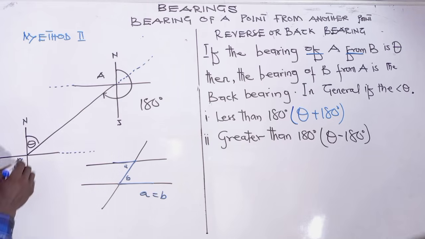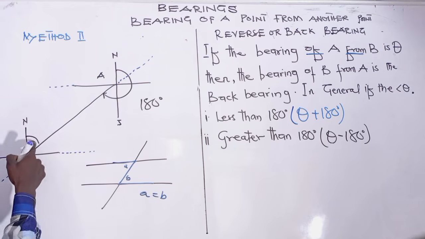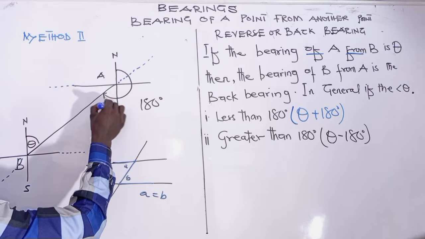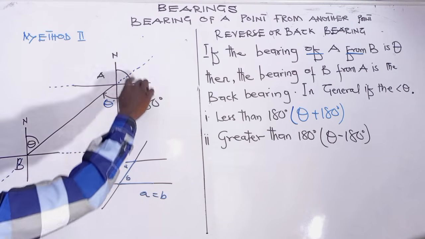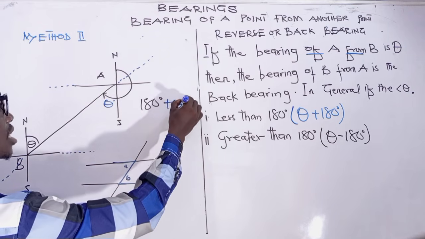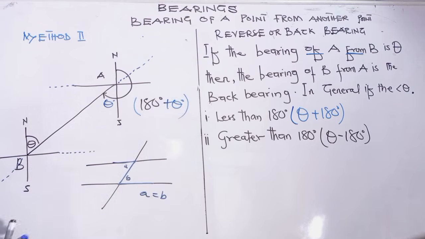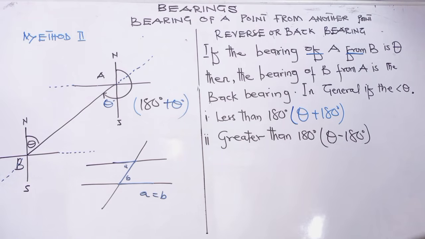So this angle is alternate with this angle, which means this angle is equal to theta degrees. So to find the whole of this angle, we add the theta to 180 to give us the bearing of B from A, as easy as that.